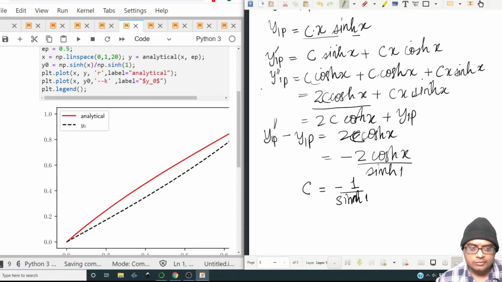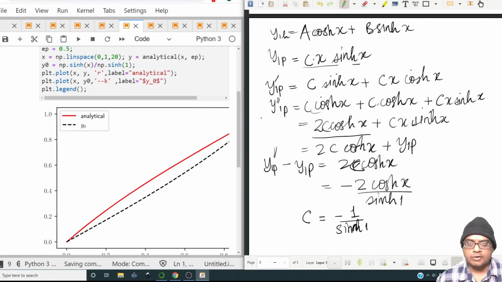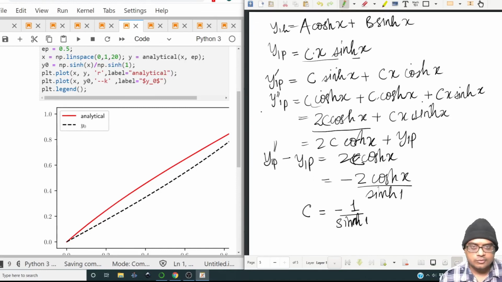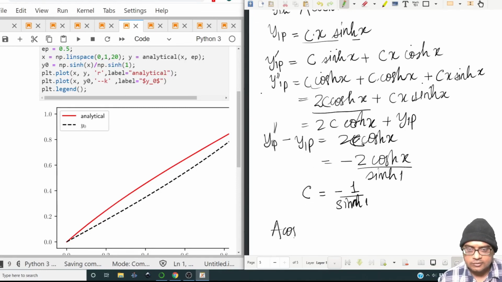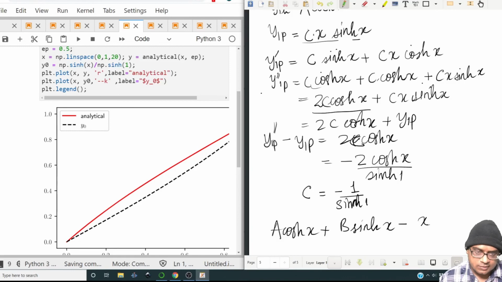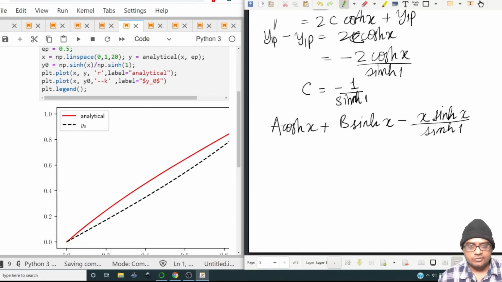So now the solution is y1 homogeneous plus y1 particular: a cos hx plus b sin hx minus x sin hx upon sin h of 1. Now the boundary conditions.